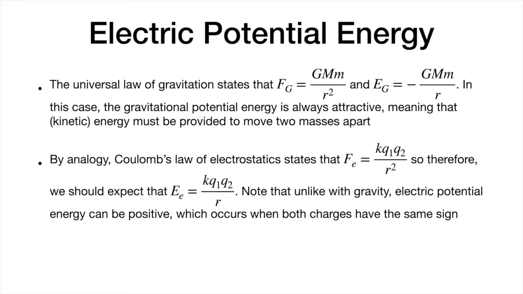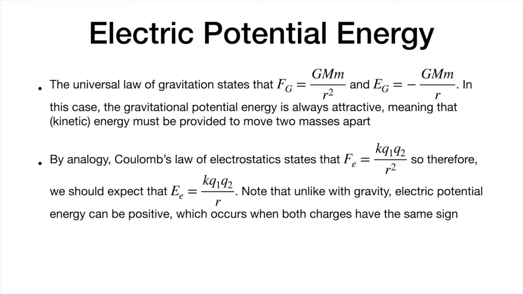So if we just look broadly at these two forces, we see that there are some similarities. So judging by that, we might expect that the electric potential energy takes on a form similar to the gravitational potential energy. And in fact, it does.